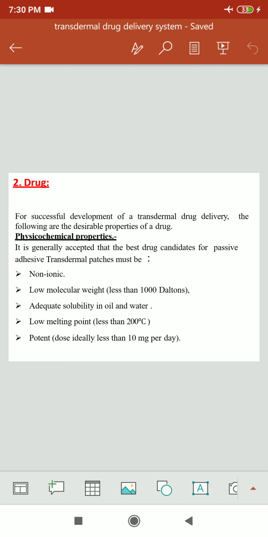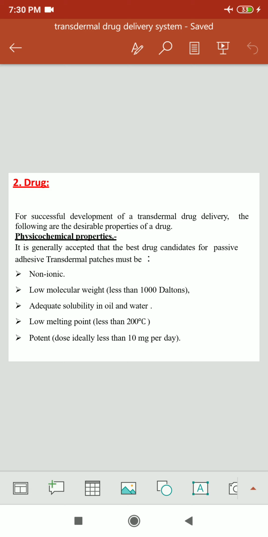Now, the drug part of the patch. They contain the therapeutic agent, and successful development requires a drug with the following physicochemical properties. The drug candidate should be non-ionic, because the release of the drug depends on ionic charge, and penetration is also affected by ions.